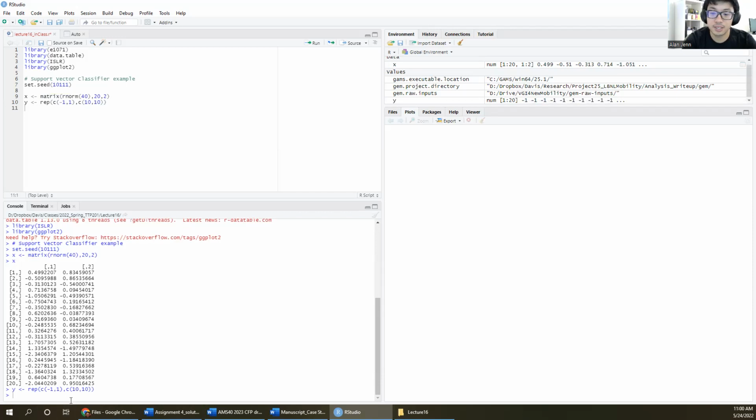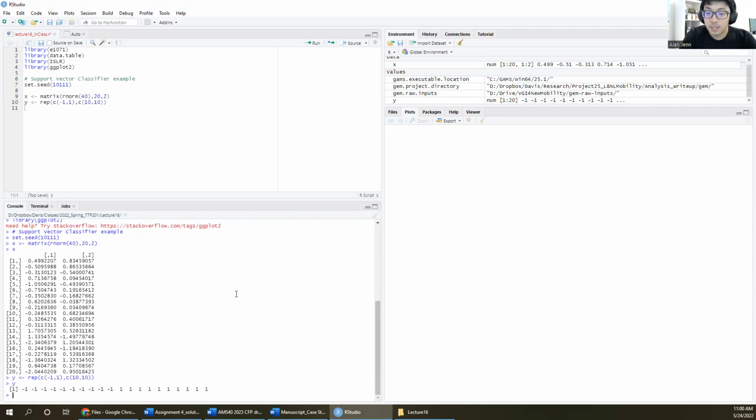All we're doing here is making our x1s and x2s, and then assigning points as red or blue for our y's, -1 and 1.